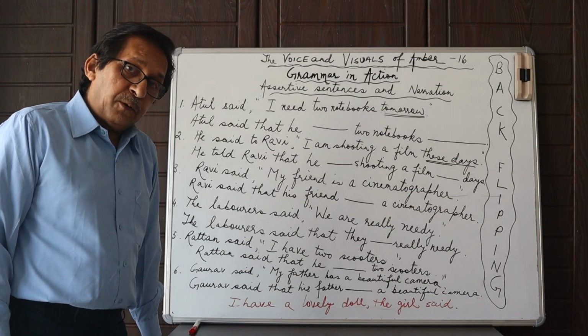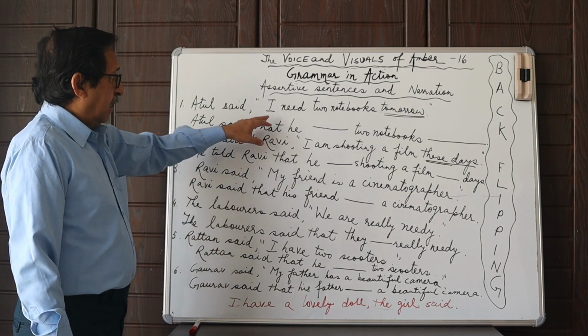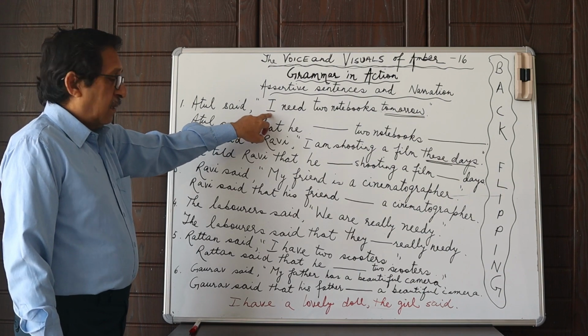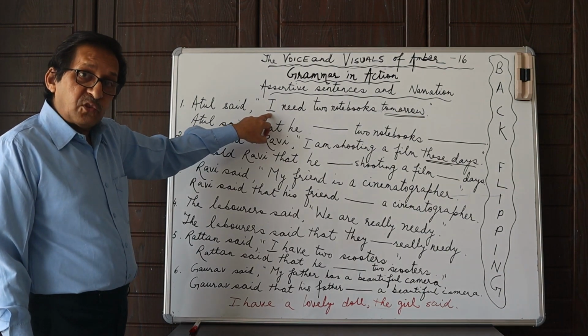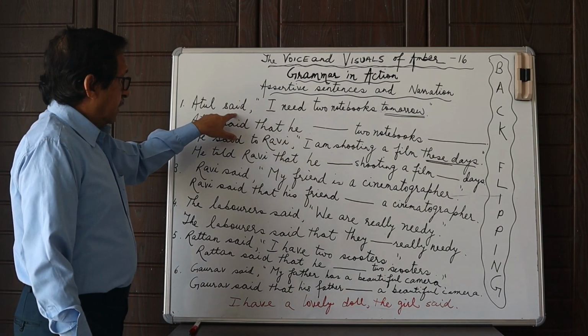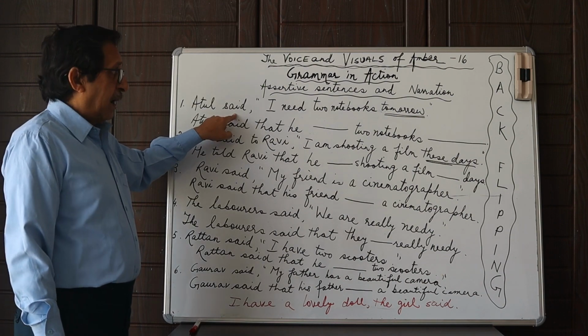Now if we want to report what Atul said in indirect speech, then of course we follow certain rules. The pronouns have to change sensibly. This is the reporting verb, which is in the past tense, the simple past tense.